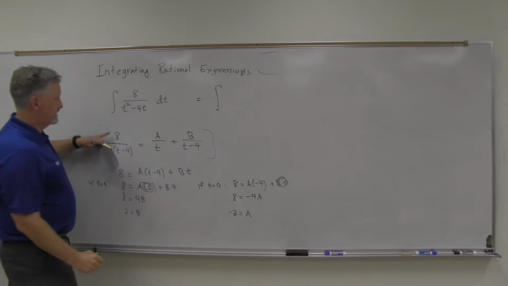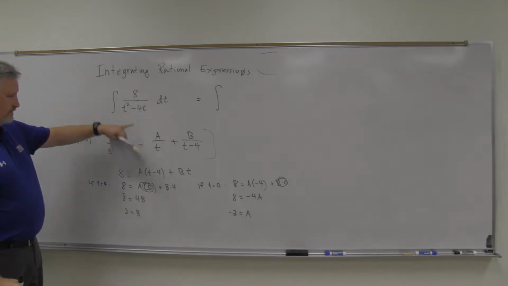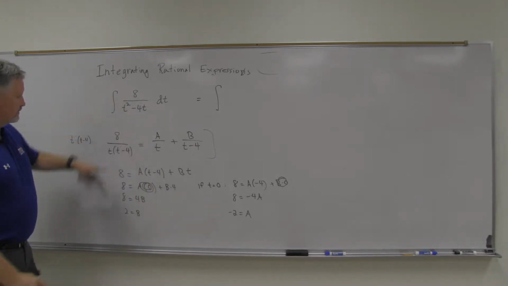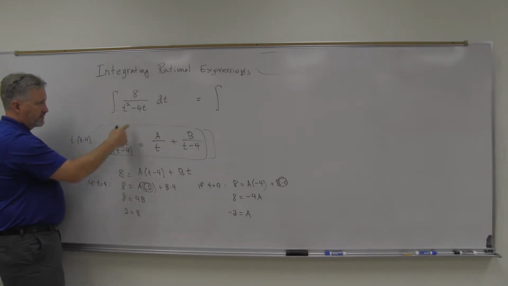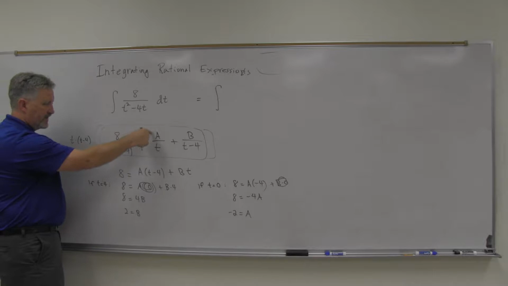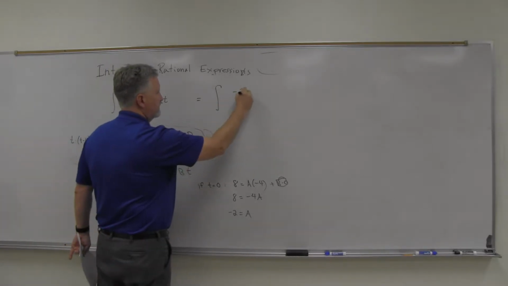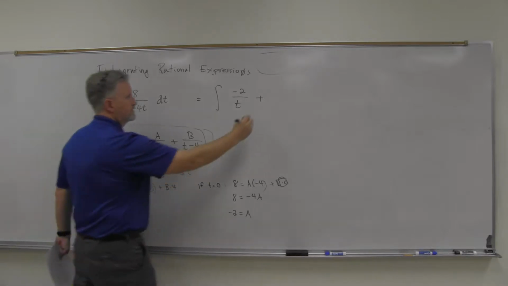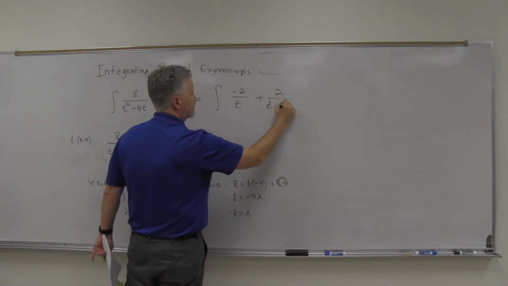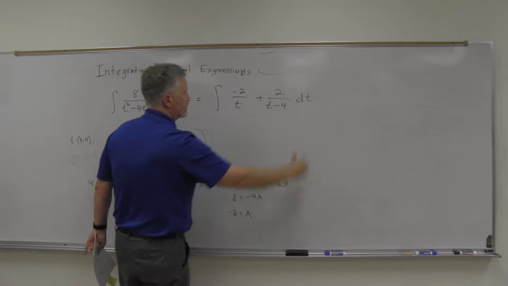So our integral now becomes then what? This 8 over t squared minus 4t, I can rewrite now as A over t, so negative 2 over t, plus B over t minus 4, so it's 2 over t minus 4.